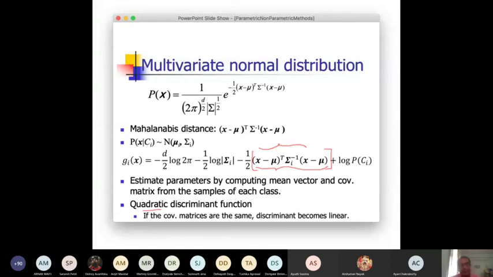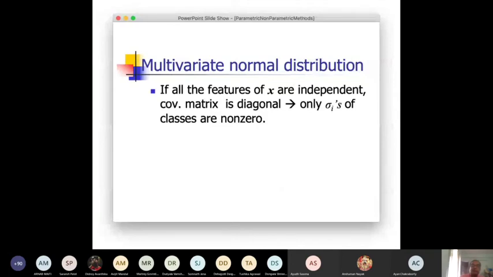And now, if the covariance matrices are the same, you know that for the single dimensional case, when the variances were the same, it became simple nearest neighbor classification. And actually that is also a kind of linear discriminant function. Similarly, here also, it will be a simple function, I mean, it can be a linear function. Now, we are continuing this discussion. In a special case, if the covariance matrix is diagonal, then we can simplify these expressions in this form.